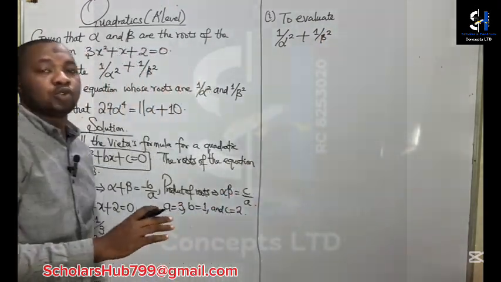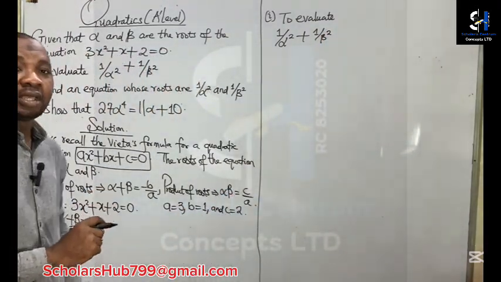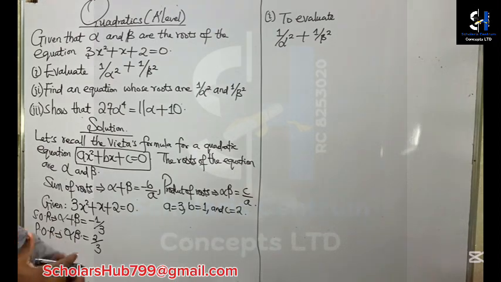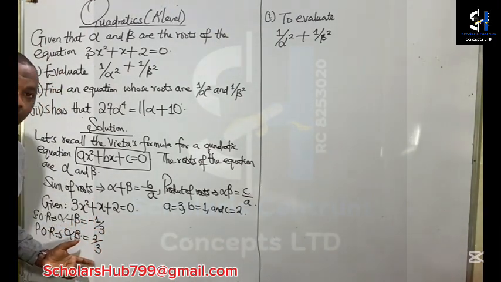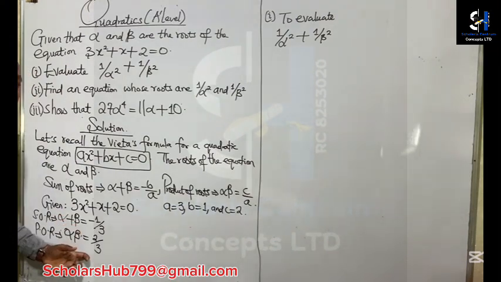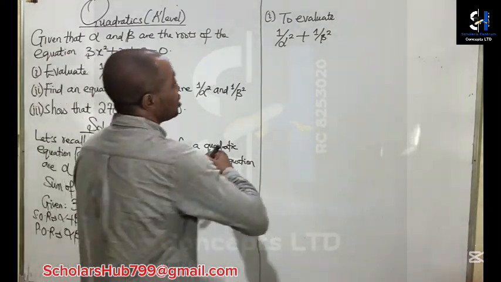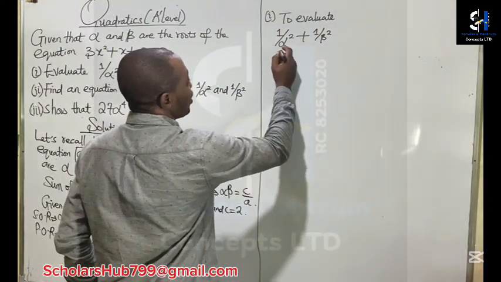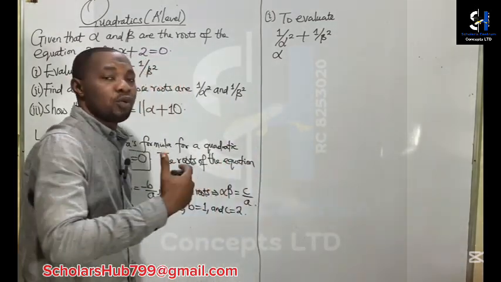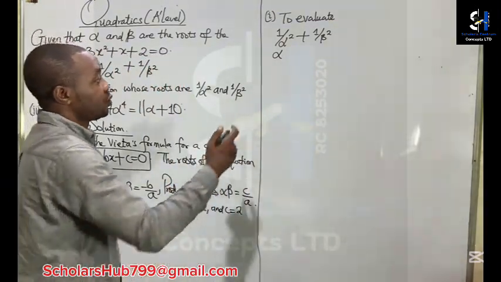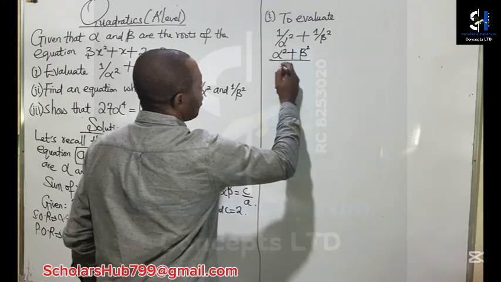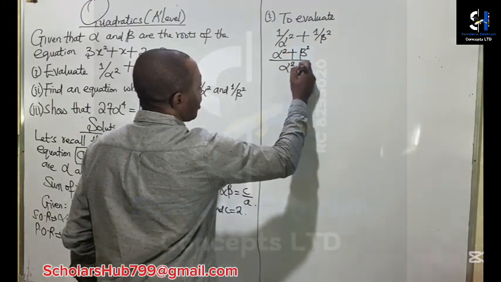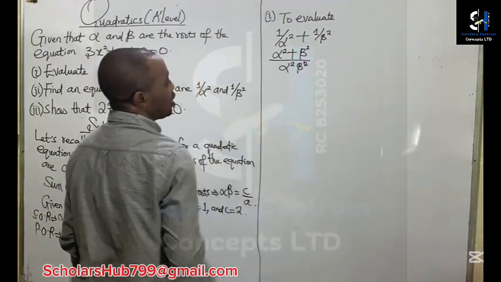The first thing to do is to simplify the expression. After we simplify, we can plug in the values for sum of roots and product of roots. Performing algebraic multiplication, we get alpha squared plus beta squared over the square of alpha and the square of beta.